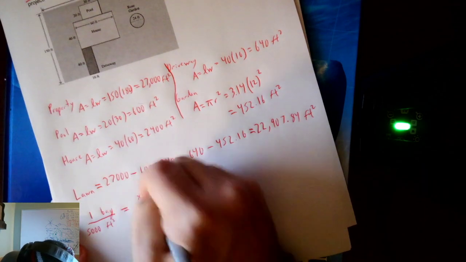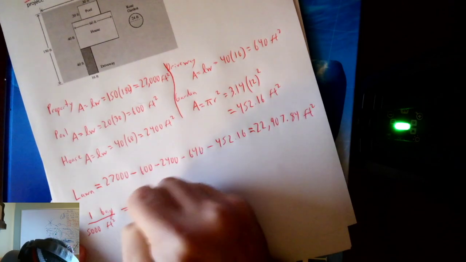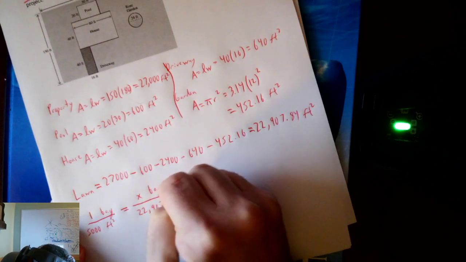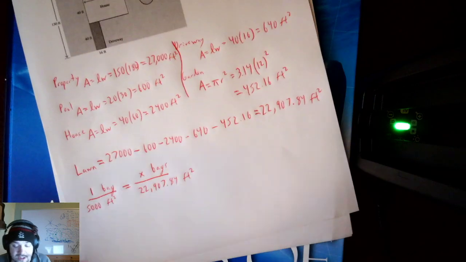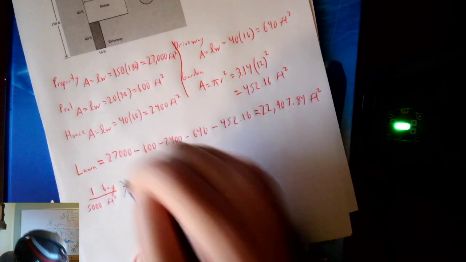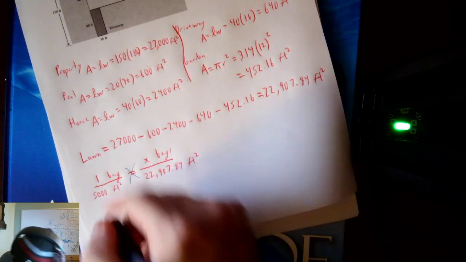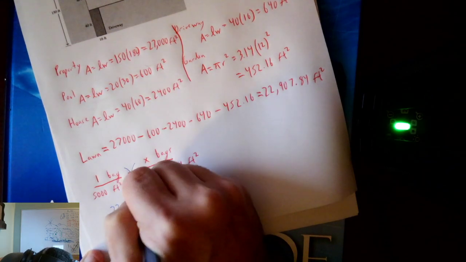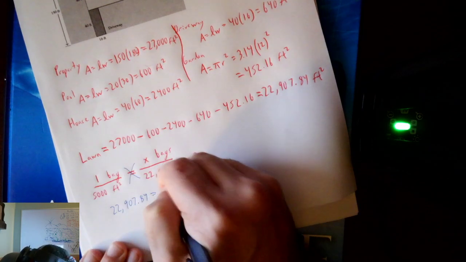So I want to know how many bags would cover 22,907.84 feet squared. It's going to be a cross multiplication type problem, because once I cross multiply, I'm going to get 1 times 22,907.84, and that'll equal 5,000x, right?